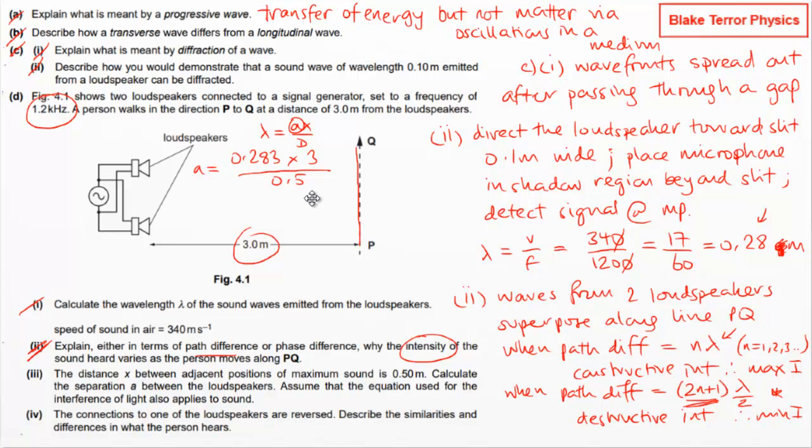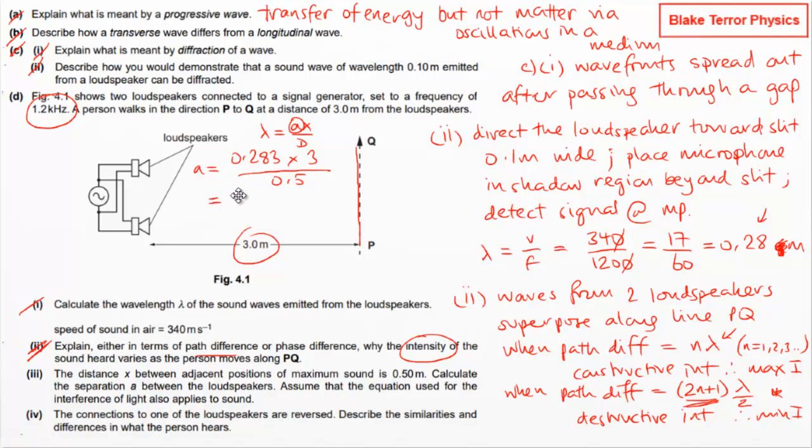Okay, so what have we got here? We've got 6 times 0.283. So what's that going to come out as? It's going to be easier to double this. I just haven't got the calculator in front of me.